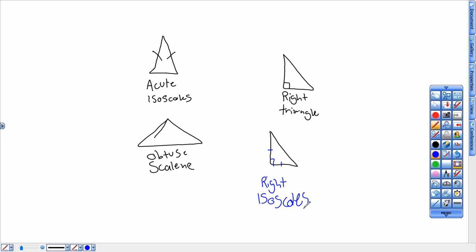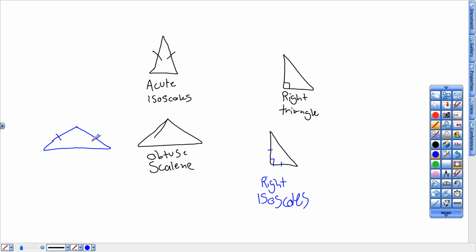All right, next one, can you draw an obtuse isosceles triangle? Very nice.